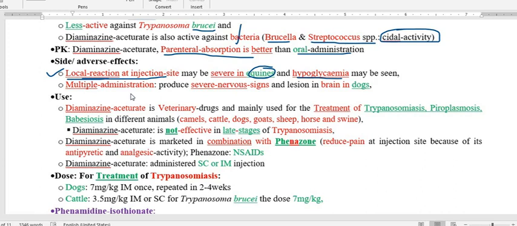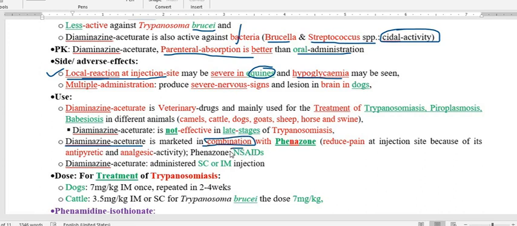Because of this, we apply the drug at two or more sites, or we use some other component which reduces this local reaction, pain or inflammation.